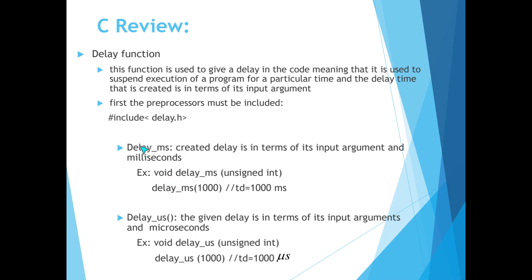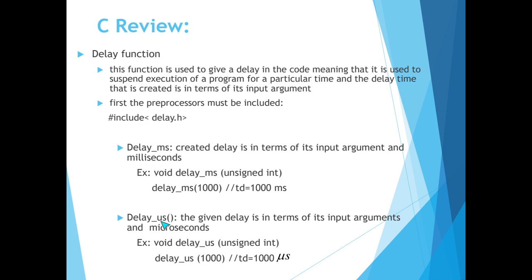We said that, in terms of the input arguments, we will have two kinds of delay. Delay in terms of milliseconds, where the input argument is in milliseconds, meaning the created delay is in terms of its input argument. And the other is microsecond delay, delay underline us.